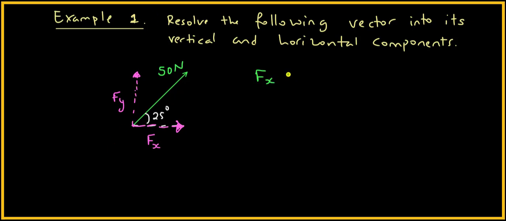How do I find my Fx? I'll simply say Fx is equal to F cos theta. So I have 50 newtons cos the angle, which is 25 degrees.